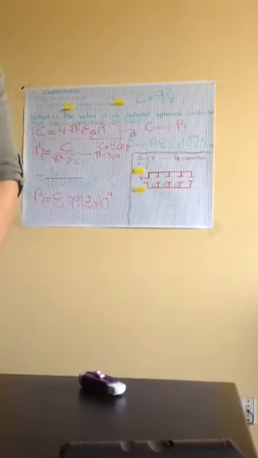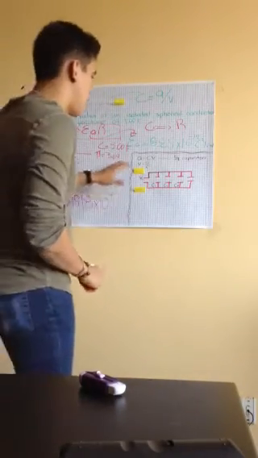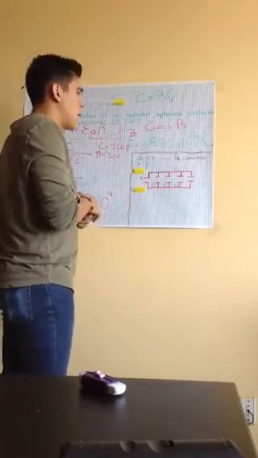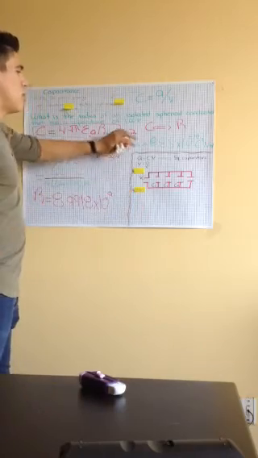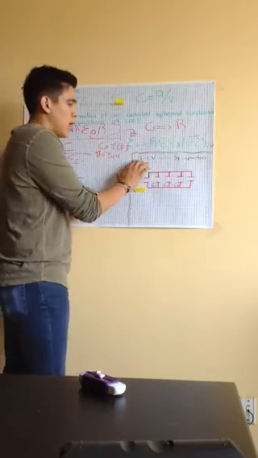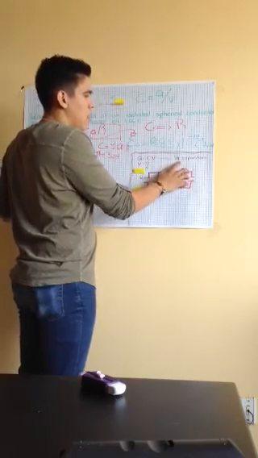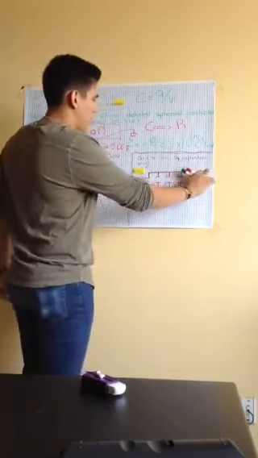Over here I have another explanation about the capacitance and the subject. We know, as I told you at the beginning, that the charge equals C times V. This is the equation for the capacitor.